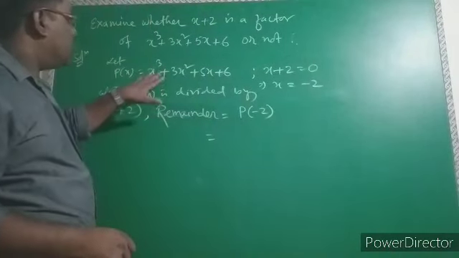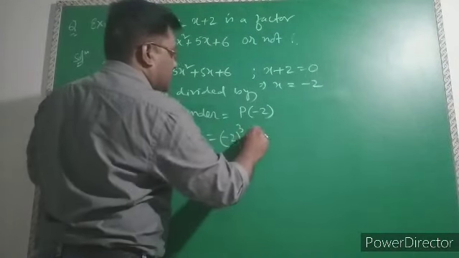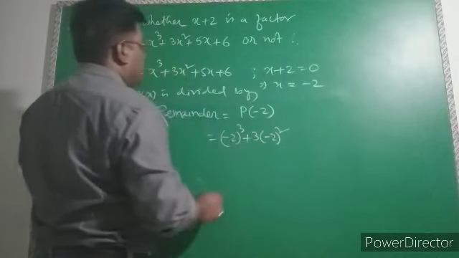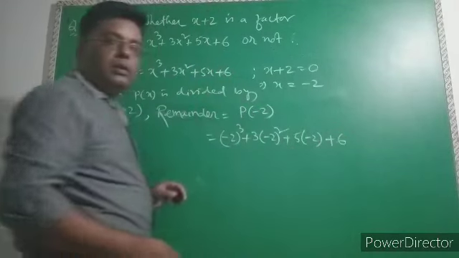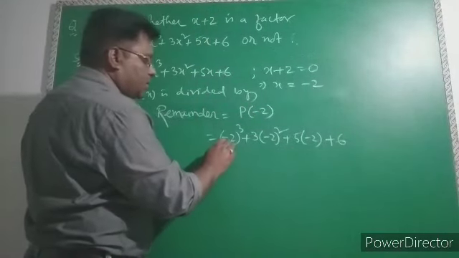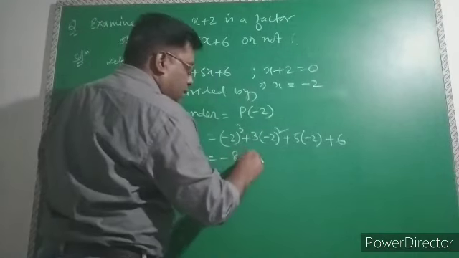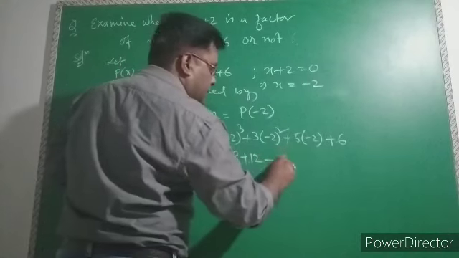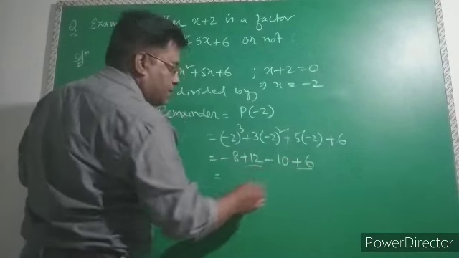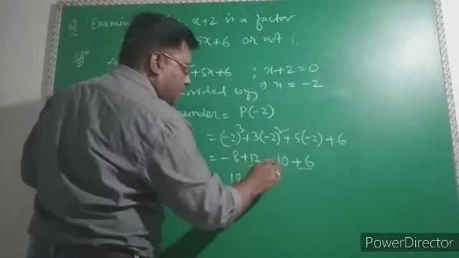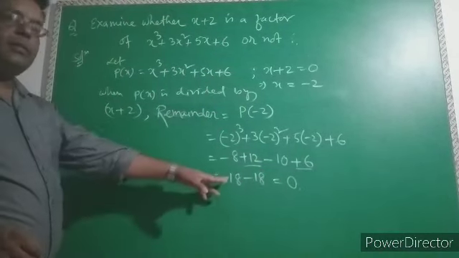So here is the p(x): put minus 2 whole cube plus 3 into minus 2 square plus 5 into minus 2 plus 6. So minus 8, minus 2 square means 4, into 3 is plus 12, minus 5 into 2 is minus 10, plus 6. So plus 12 plus 6 is 18, minus 8 minus 10 is minus 18, which is equal to 0. That is, we get the remainder 0.